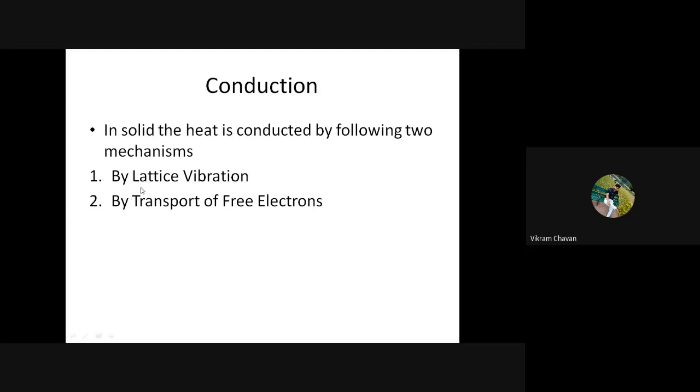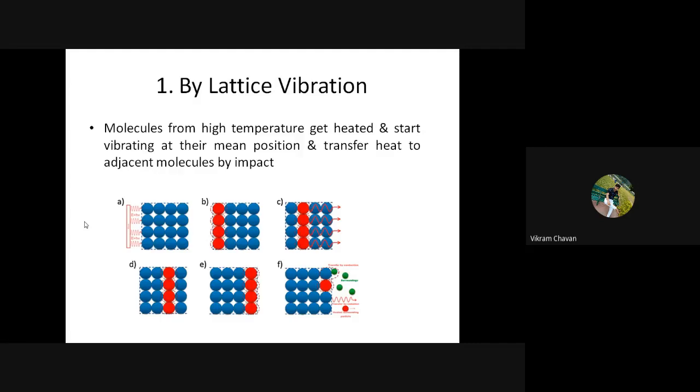Whereas in non-metals, heat will also transfer, but the rate of heat transfer will be very low, because free electrons are not available. Only the lattice vibration mechanism will transfer the heat from one region of a substance to another region. Okay, so I have cleared that point about metals and non-metals.